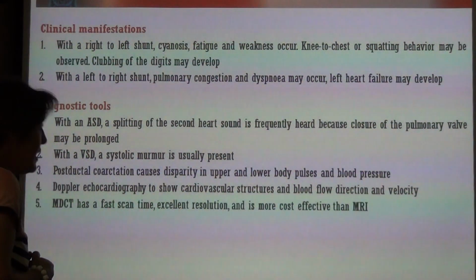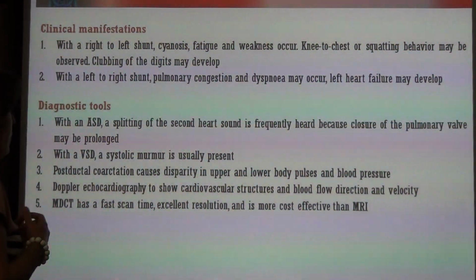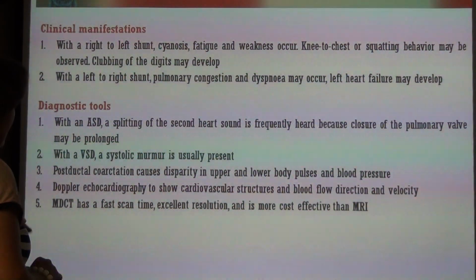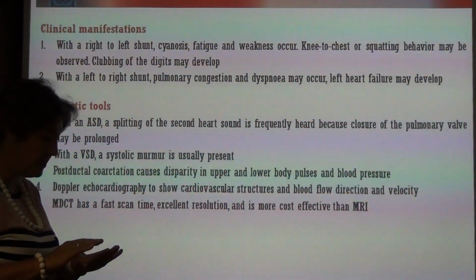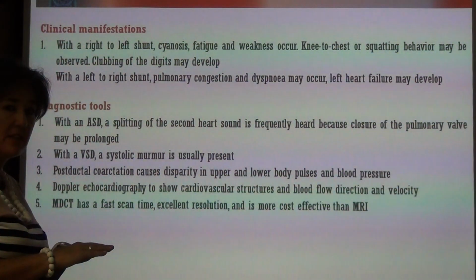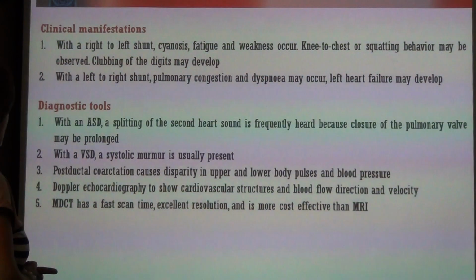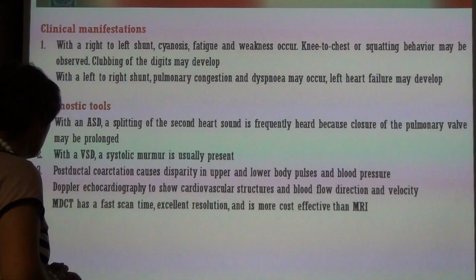Usually if we crouch or bend over, it can relieve some of the symptoms, and clubbing of the digits may develop. That's when you look at your fingernails, they will become round and elevated. That's what we refer to as clubbing.